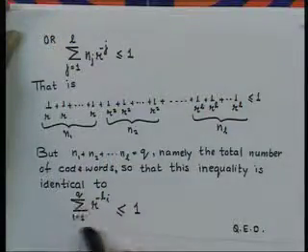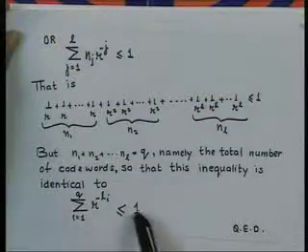What I mean by that is that if the code is uniquely decodable, then like in the case of instantaneous code, this inequality has to be satisfied. Correct? So, let us try to prove this inequality for uniquely decodable code.